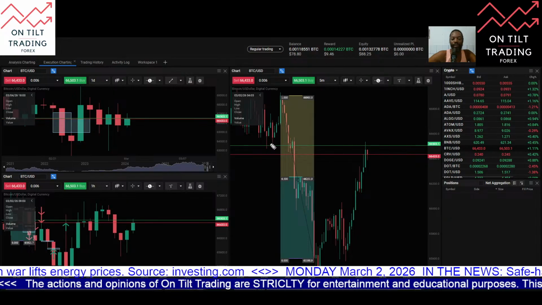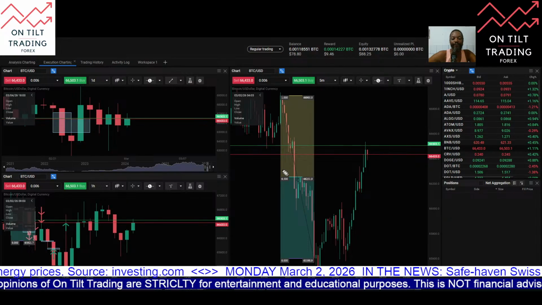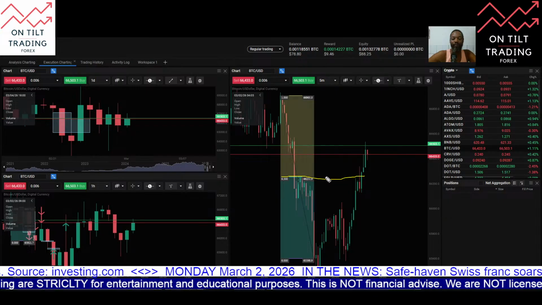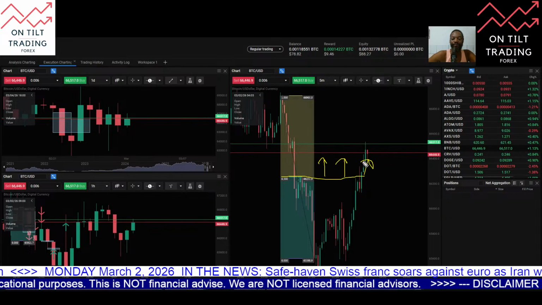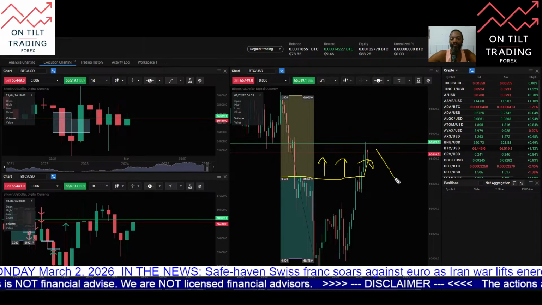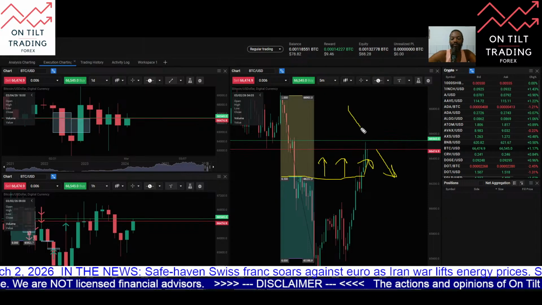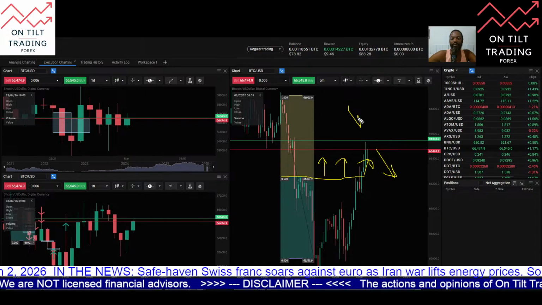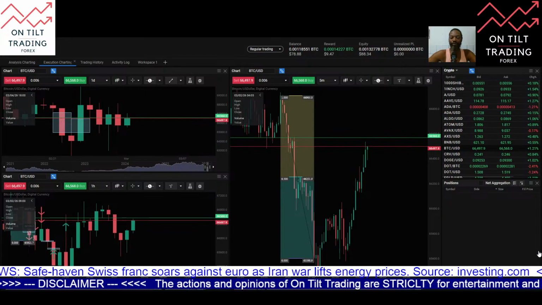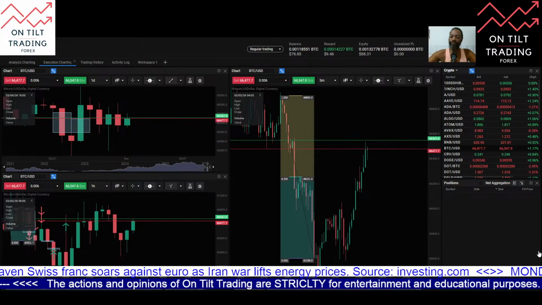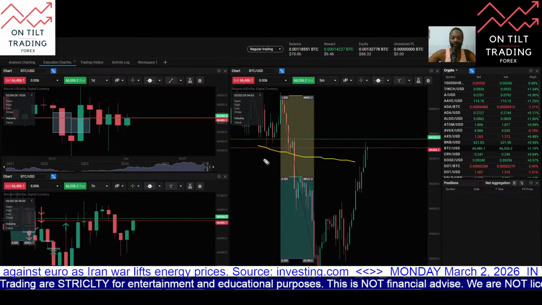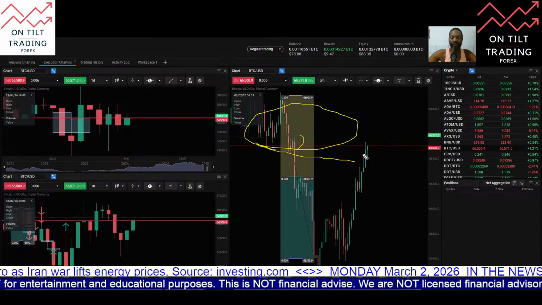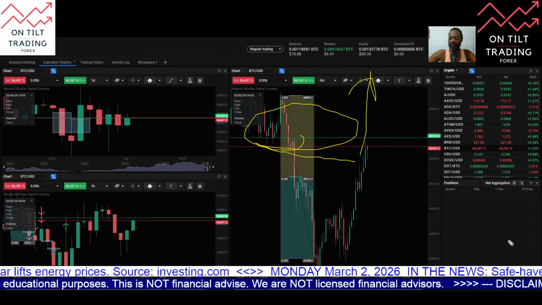Now I'm waiting for price to do something above this level and then shift to the sell side with a market structure shift, because sometimes price will come into this area and then trade through this area.